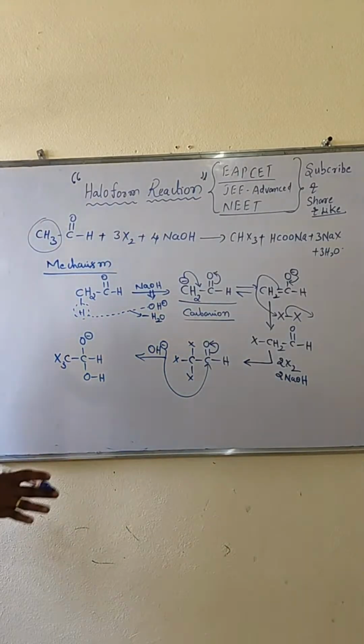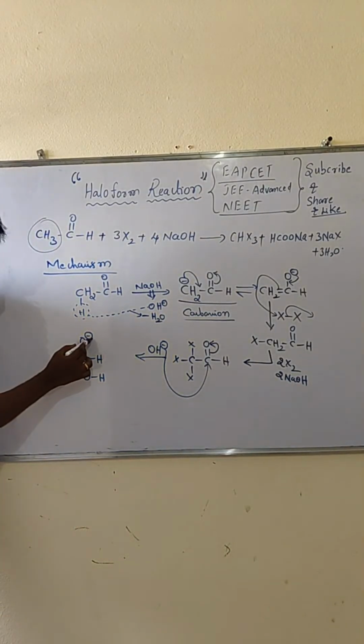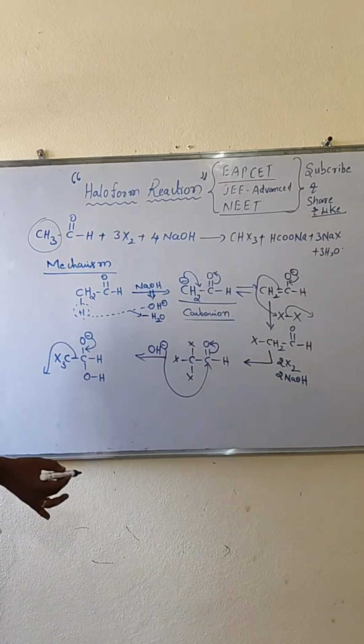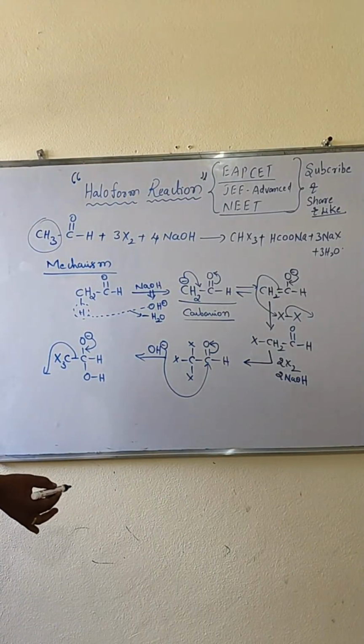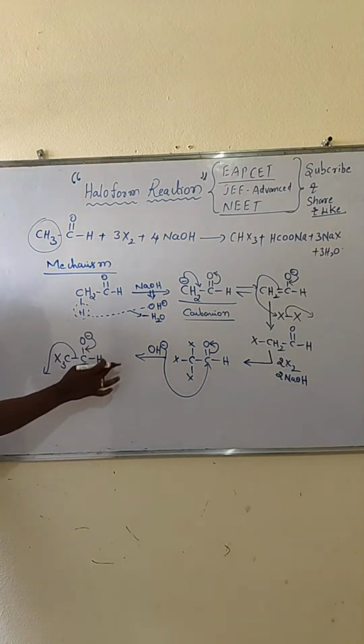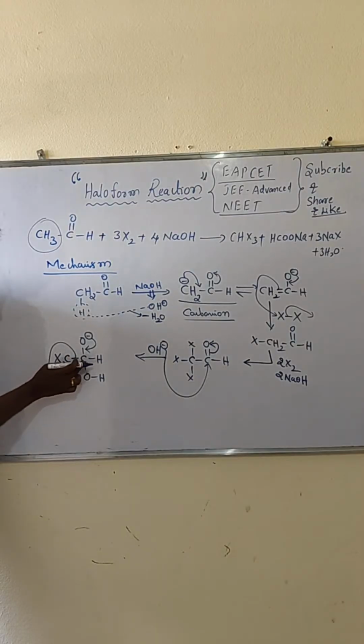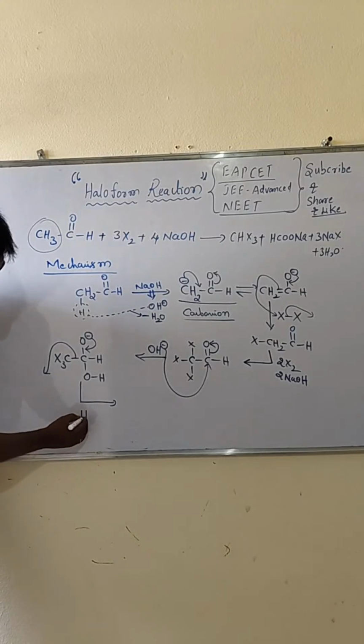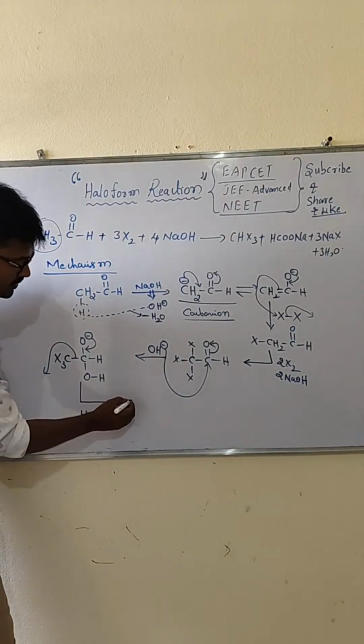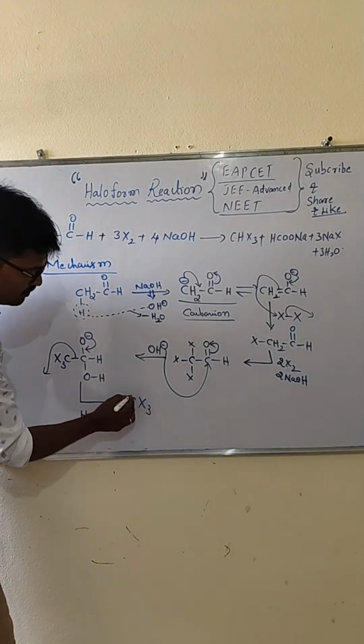Look, this negative charge is going to shift as a bond between the carbon and oxygen, and this will be shifted out as CX3 minus. So now this is HC double bond O, OH, and the other is CX3 minus.